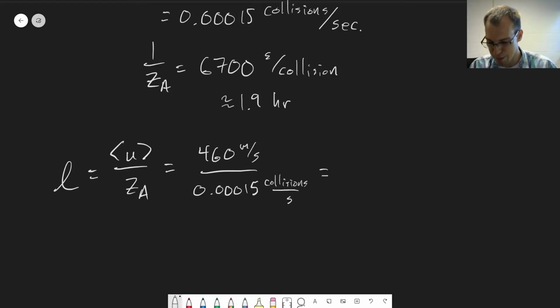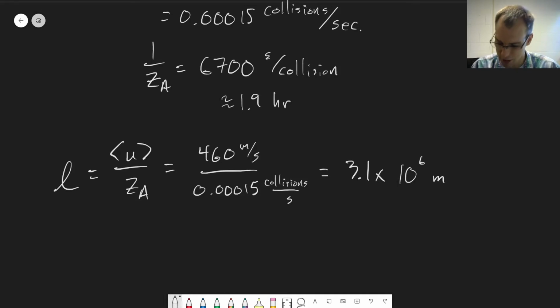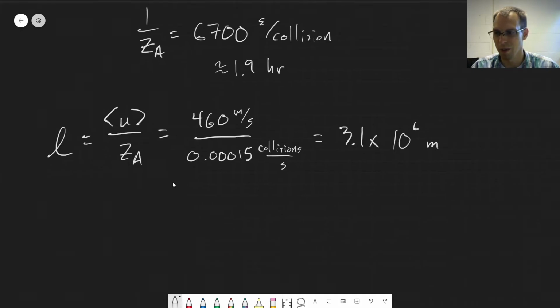And so we'll get how many meters per collision, which is the mean free path, which gives us 3.1 times 10 to the 6 meters for the mean free path. Or if we want to write that in kilometers, that's about 310 kilometers. So the particle takes about 2 hours and it travels 310 kilometers before it finds another particle and hits it.